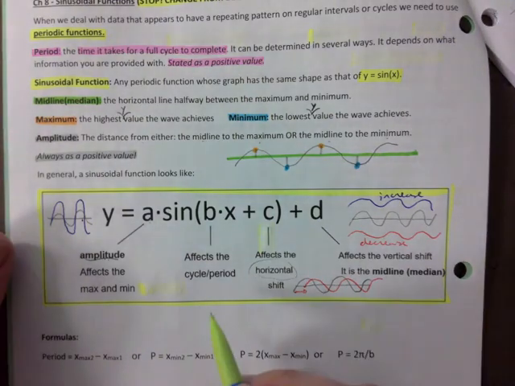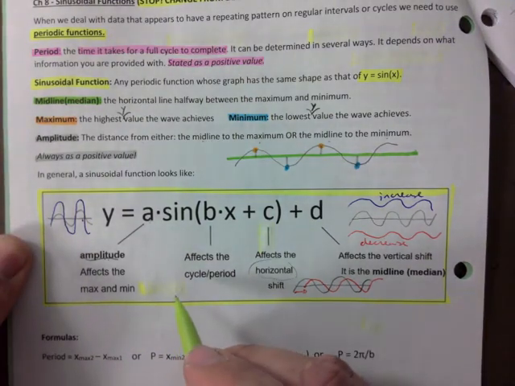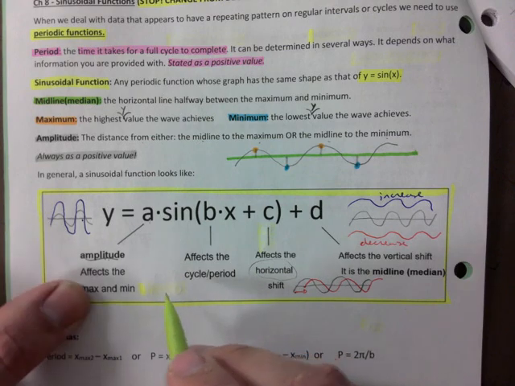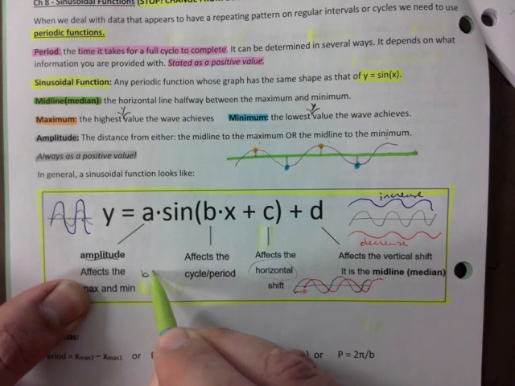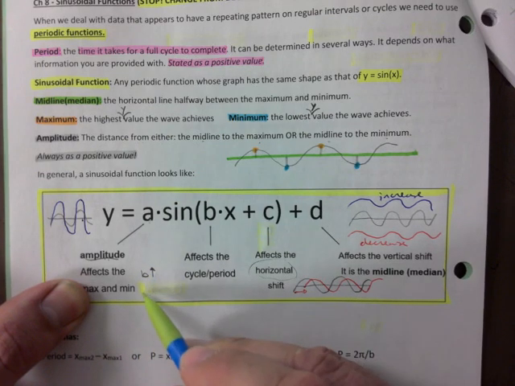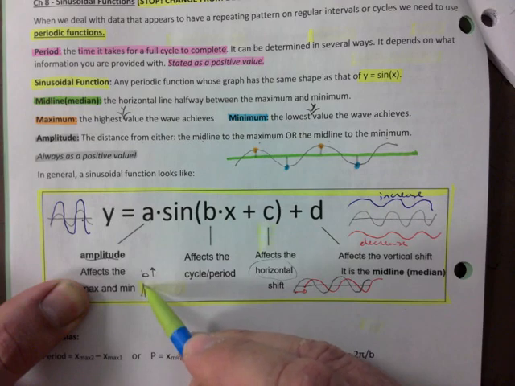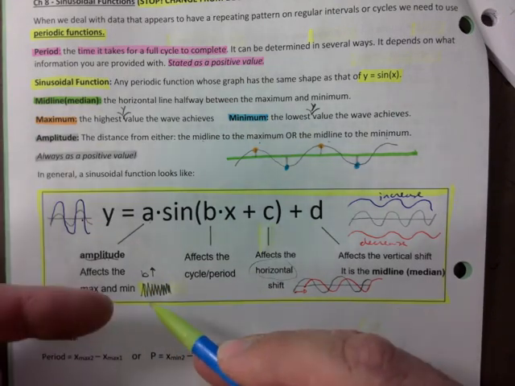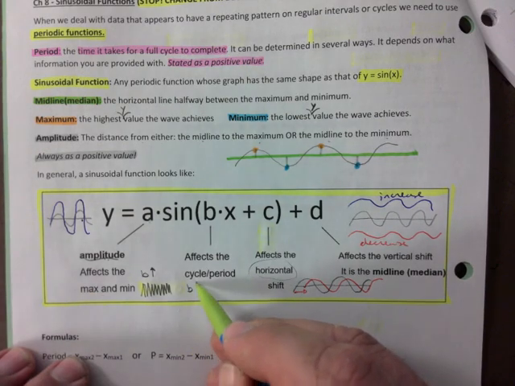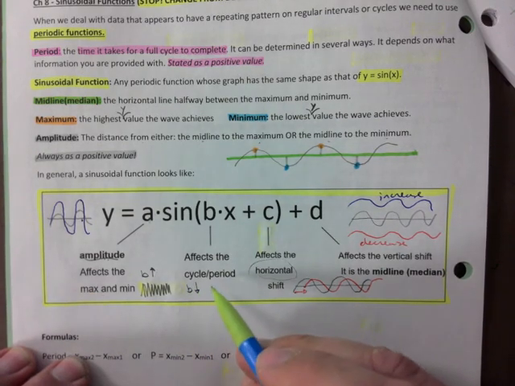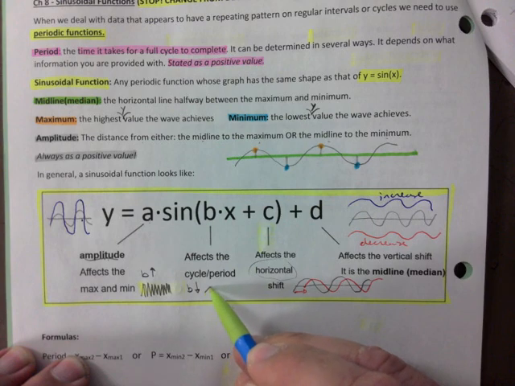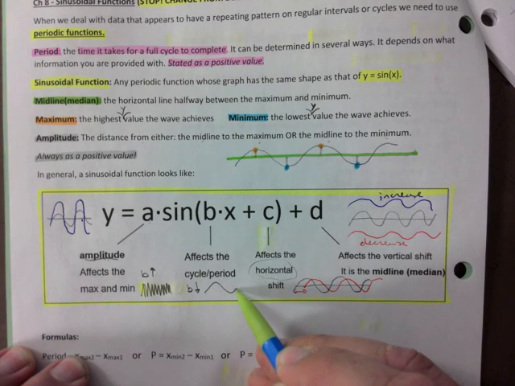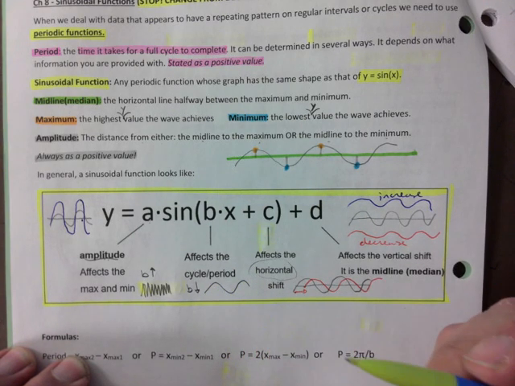And B, here I want to be careful. If you increase B, it's going to compress it more. It's going to be a lot more compressed. If B is decreased, it becomes a wider curve like this.